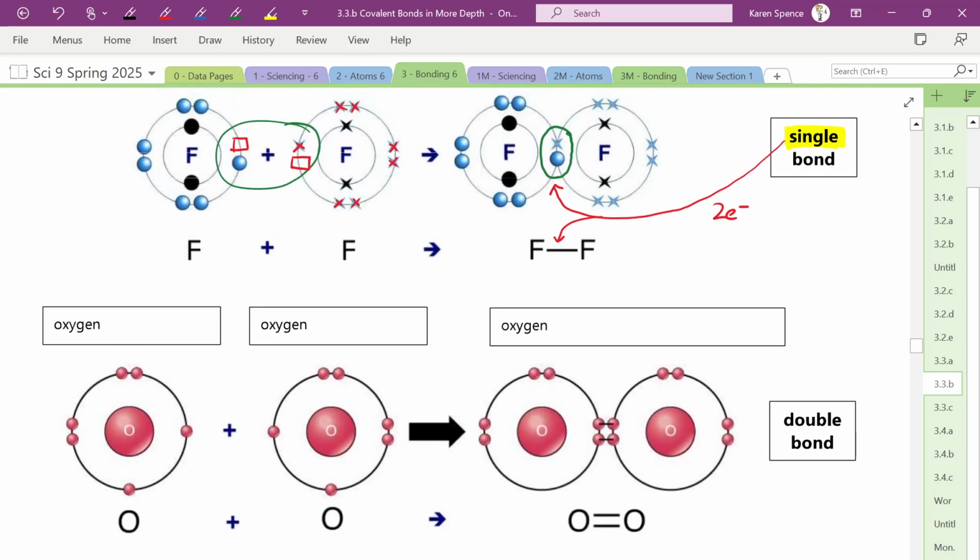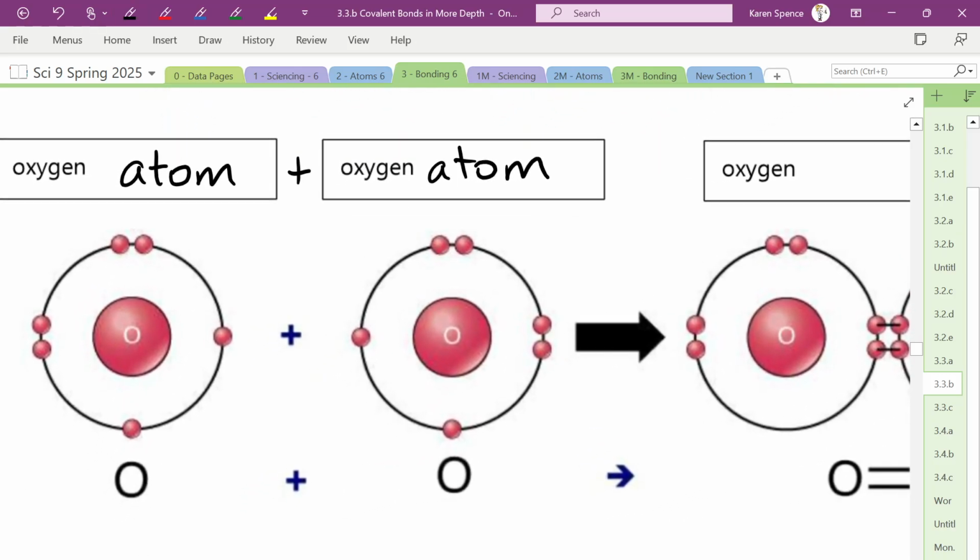We have here, instead of fluorine now, an oxygen atom plus a second oxygen atom. And you'll notice in this one, what did we do with the inner shells of electrons? We just ignored them.